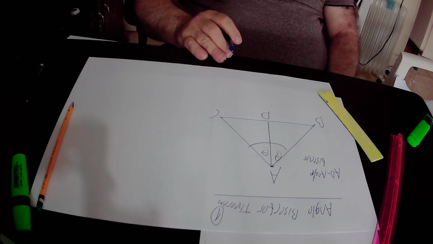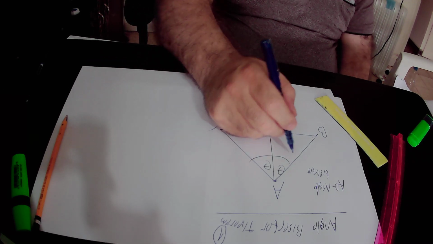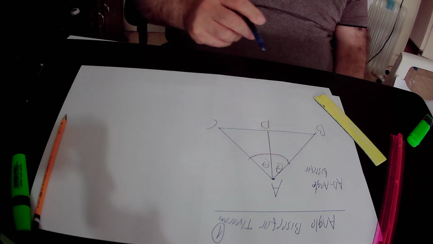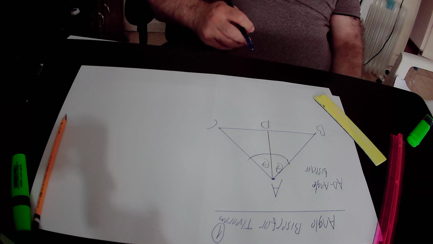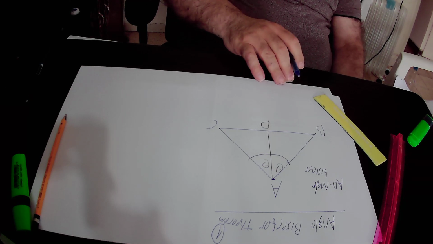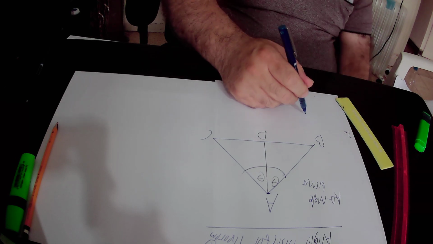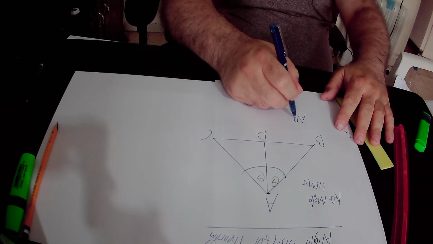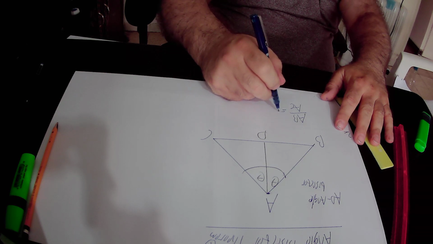And according to the angle bisector theorem, if we have triangle ABC, that could be any triangle, and in triangle ABC we have the angle bisector AD, then the following formula is true: AB over AC equals BD over DC.